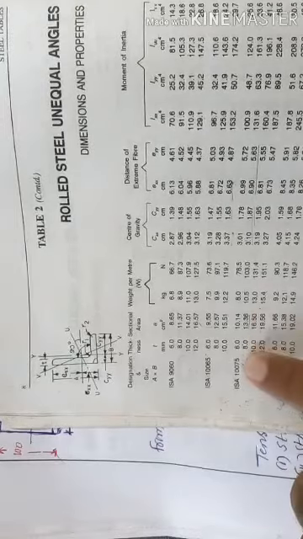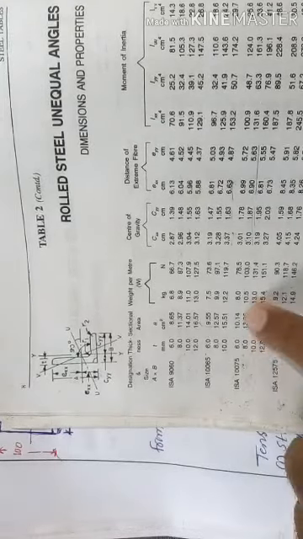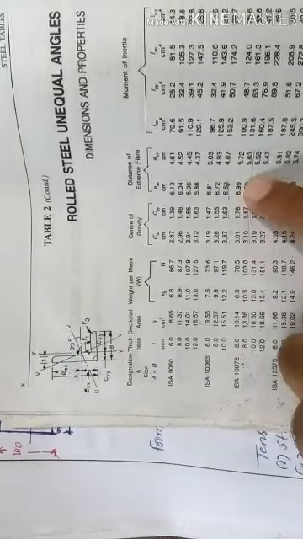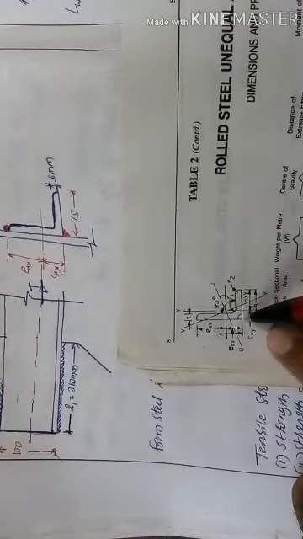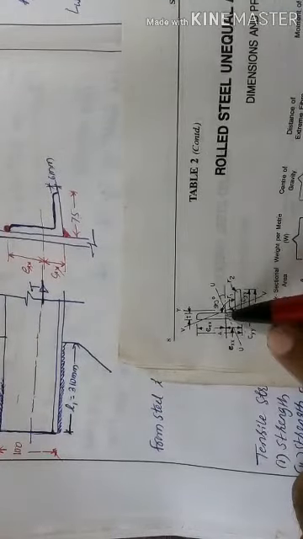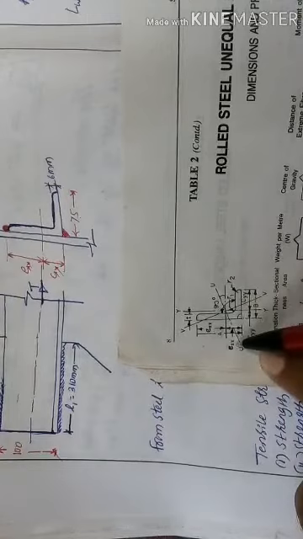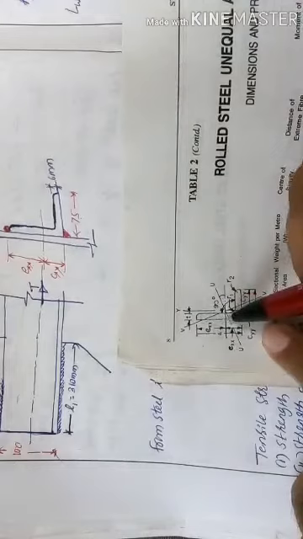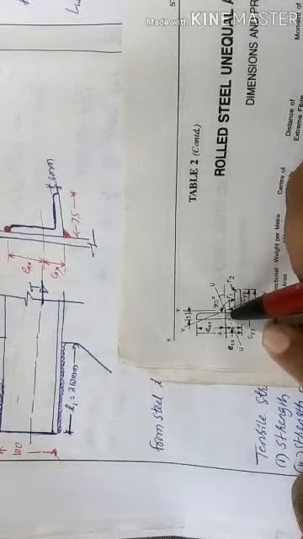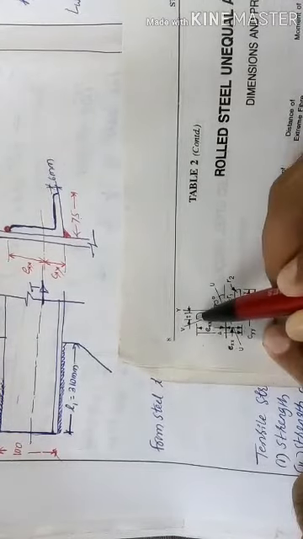For 100 by 75 by 6, note down the sectional area, then the CXX and EXX also. Here they are marked: CXX is taken from the heel to the center, and EXX from the center to the extreme fiber distance.